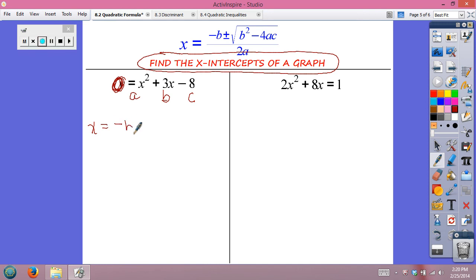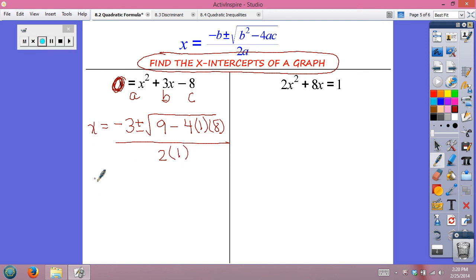x equals negative b plus or minus square root. Oops, I didn't even write the b value. I'm just singing along to the song. Negative b is 3 plus or minus the square root. b squared is 9 minus 4ac. a is 1, c is 8, all over 2a, which is 1.